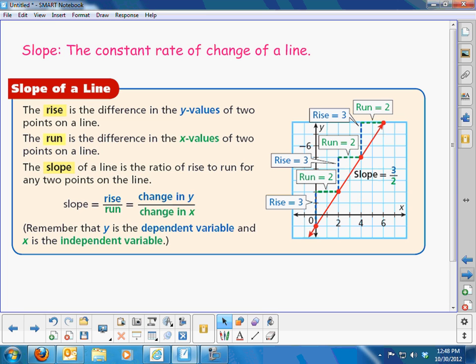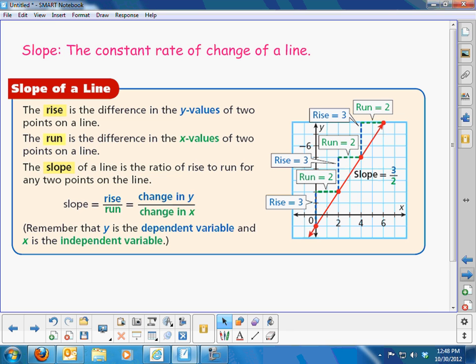Now slope, again, is simply the ratio of the rise to the run. So I have slope equals rise over run. Another way of saying rise is change in y. Another way of saying run is change in x. So when I look at my graph, back to the graph here, if I want to find the slope of this line, I need to find the rise over the run.